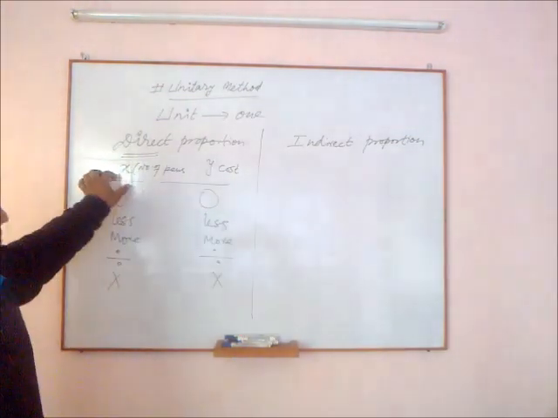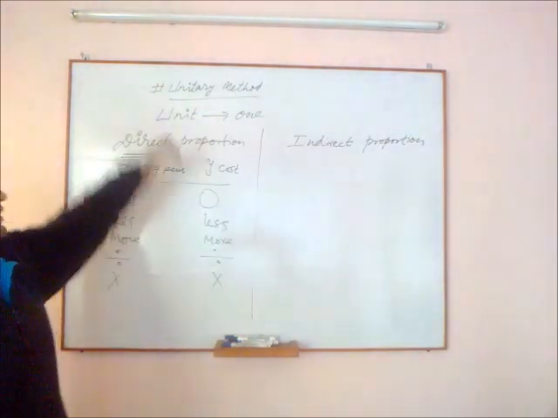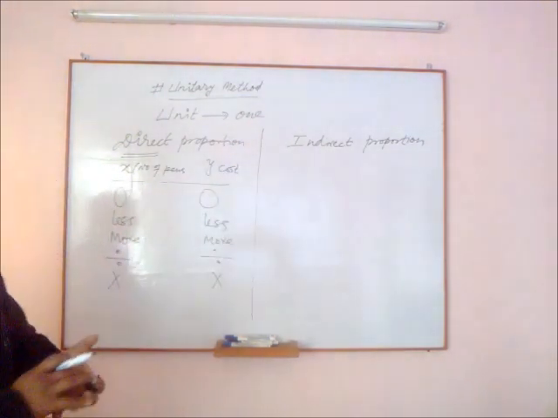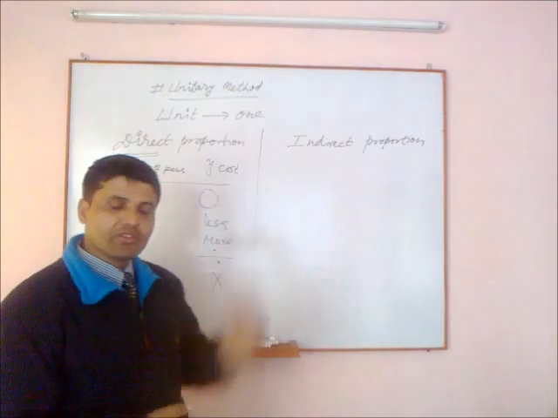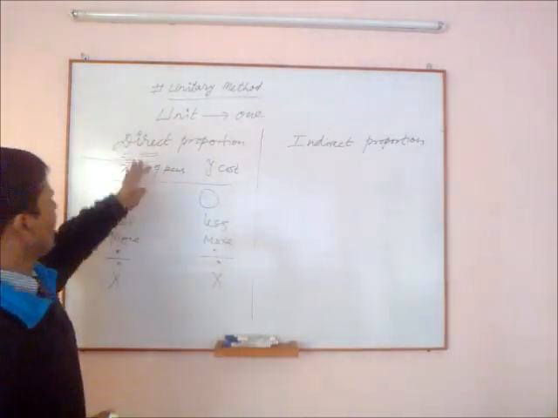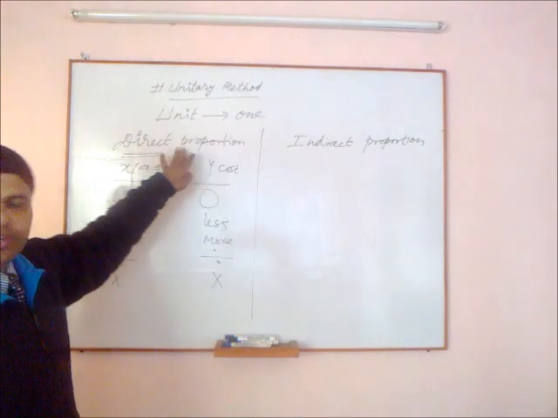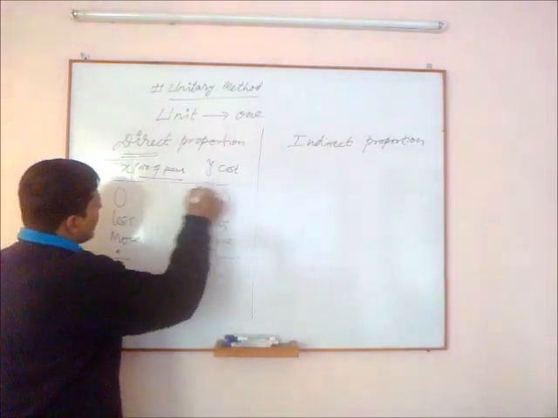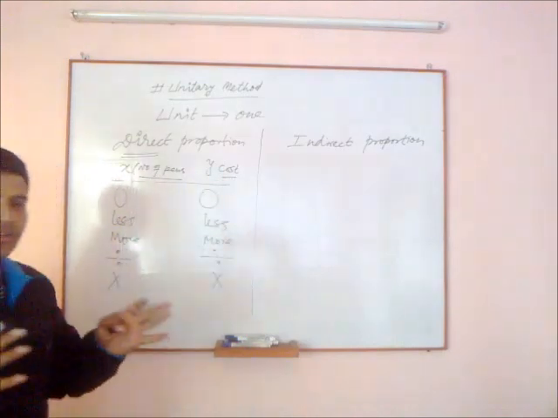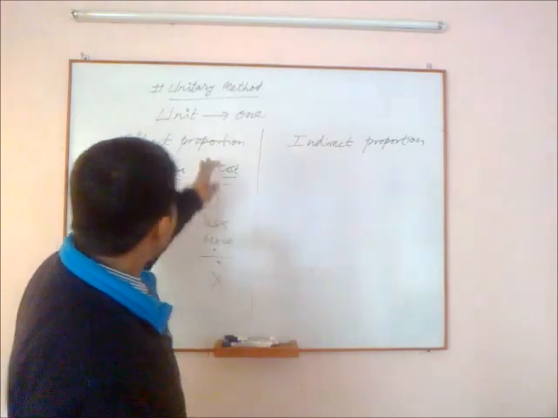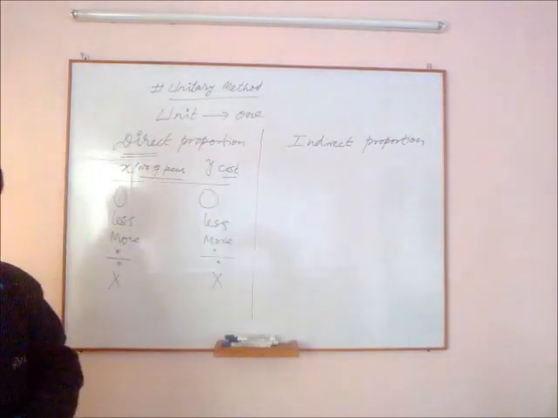So it means if number of pens is increased, cost also will be increased. If the number of pens is decreased, cost also will be decreased. This is a very clear example of direct proportion. Then we say number of pens and cost are directly related, are directly changeable, are directly proportional.